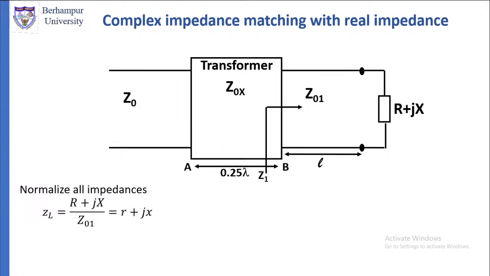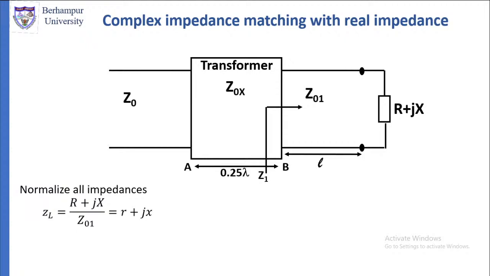So in such a situation, can we design some method by which we can match R plus jX to Z0? We know we can match R to Z0.